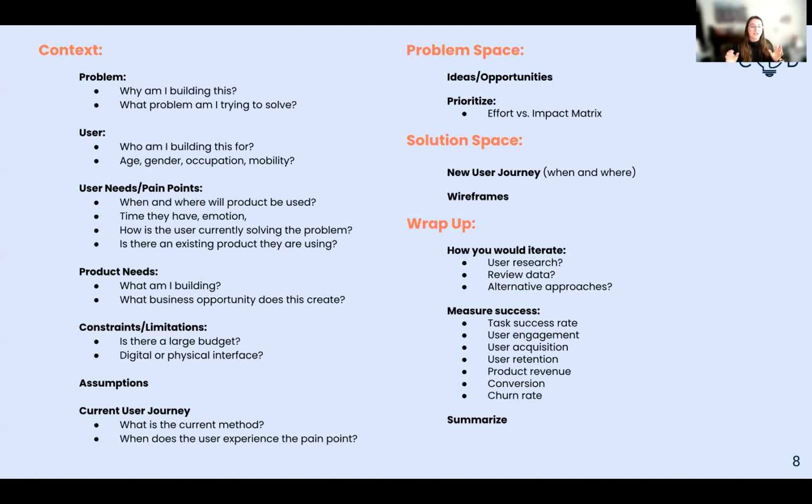And also understand the current user journey. So for this one, what I like to do is to just create bullet points and make a list of, okay, for example, let's say the challenge is to design a smart fridge. And if we were to talk about the problem, okay, well, food is expiring and this person keeps throwing out their food because it expires and they don't know.